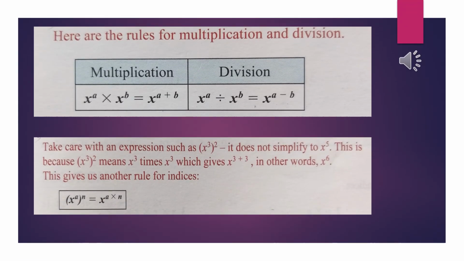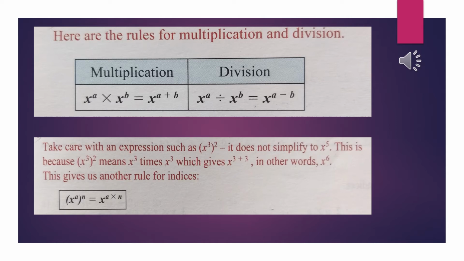Here are the rules of multiplication and division. Multiplication: x to the power a times x to the power b, where x is the base number, can be written simply as x to the power a plus b. Division: x to the power a divided by x to the power b, with the same base number, is x to the power a minus b.